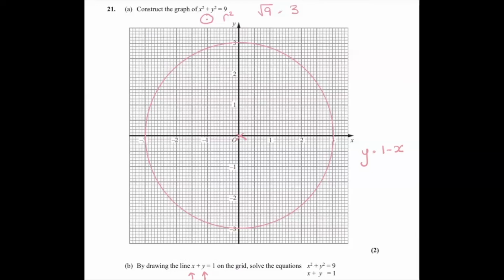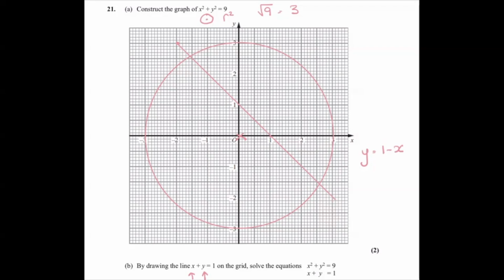So if I was plotting -2, for example, on the X, I would need 3 to equal the 1. So I know that would be a coordinate of the line. Equally, if I had 3 on the X coordinate, I would have -2 on the Y coordinate, which isn't always easy on these practice papers. They're not the best grids. And then you just draw your line through.